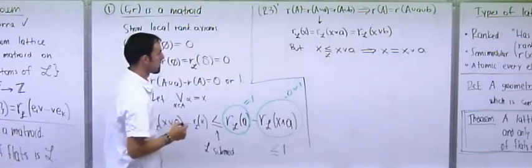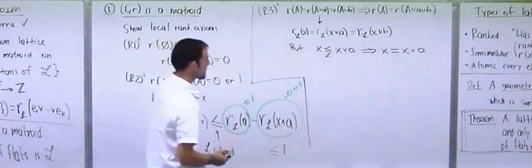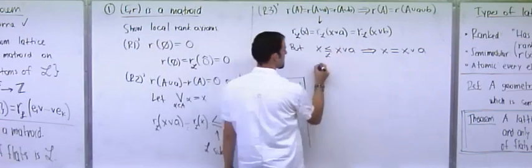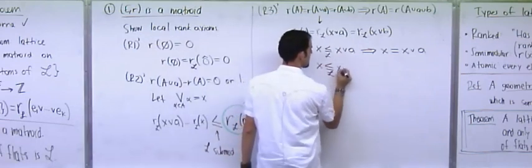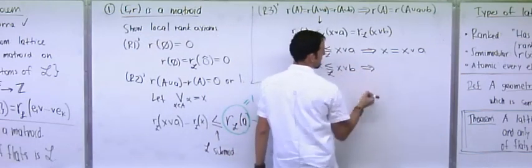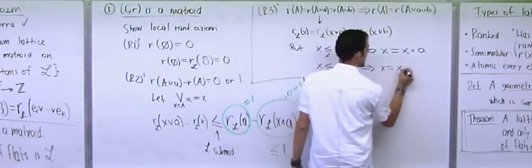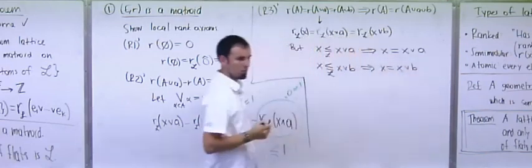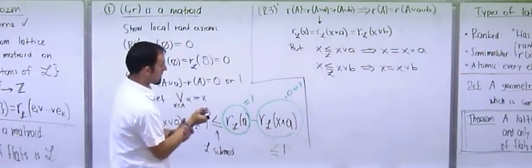And the same thing: X is smaller in the lattice than X meet B, and therefore they must be the same element because they have the same rank.